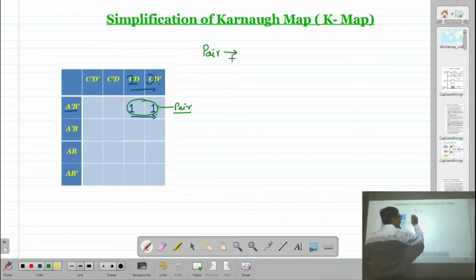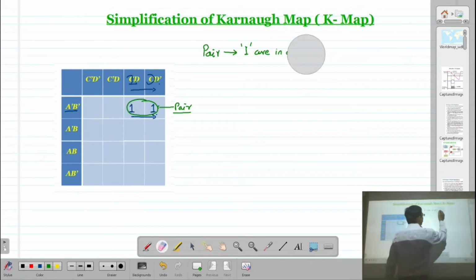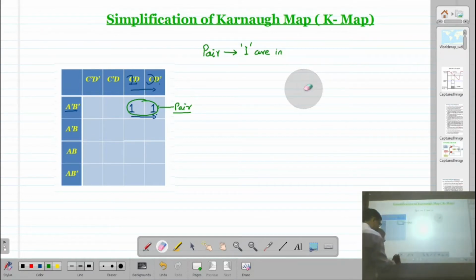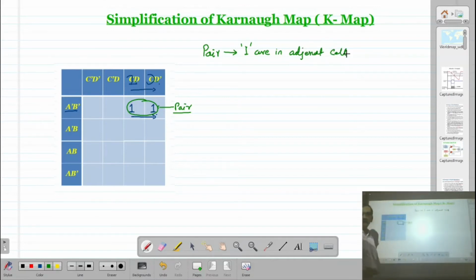What is a pair? Pair means the high levels are in adjacent cells. Correct? High levels are in adjacent cells. That is called a pair. And when the pair is there, then one variable is going to be eliminated.